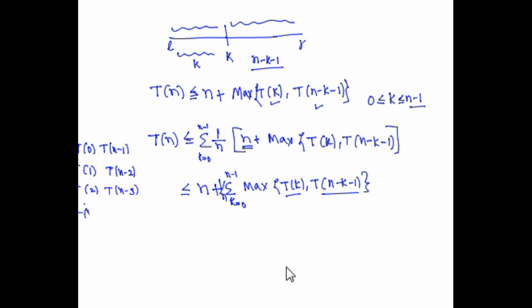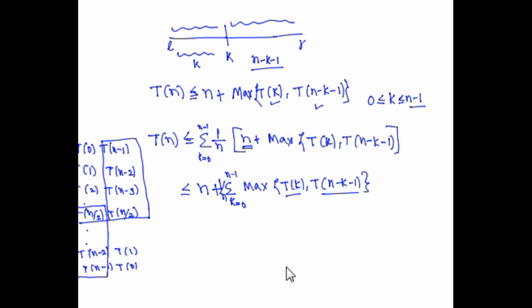Towards the end, we will have T of n by 2, then T of 1, T of n minus 1, and T of 0. Till n by 2, when you take the maximum, the second term will be the dominating one, but after n by 2 values, the first term will be the dominating term.